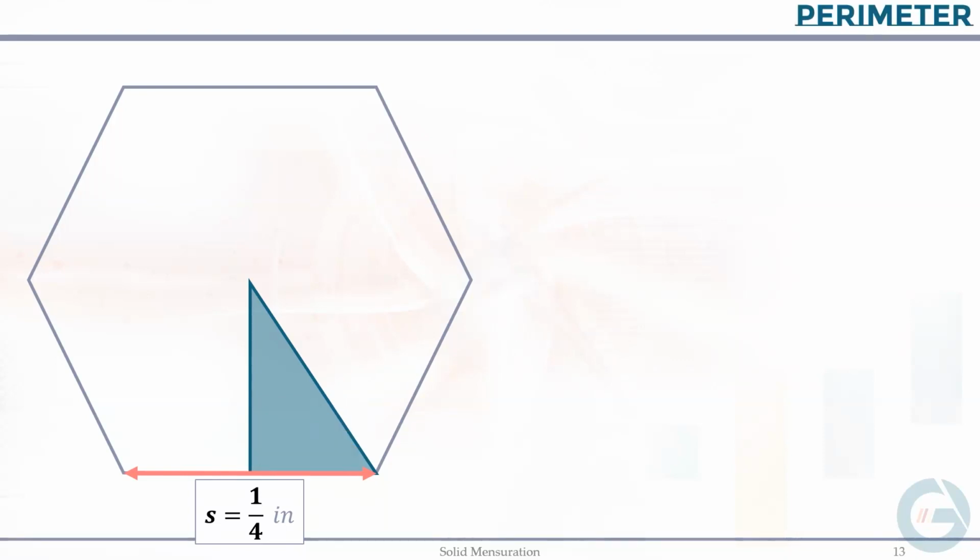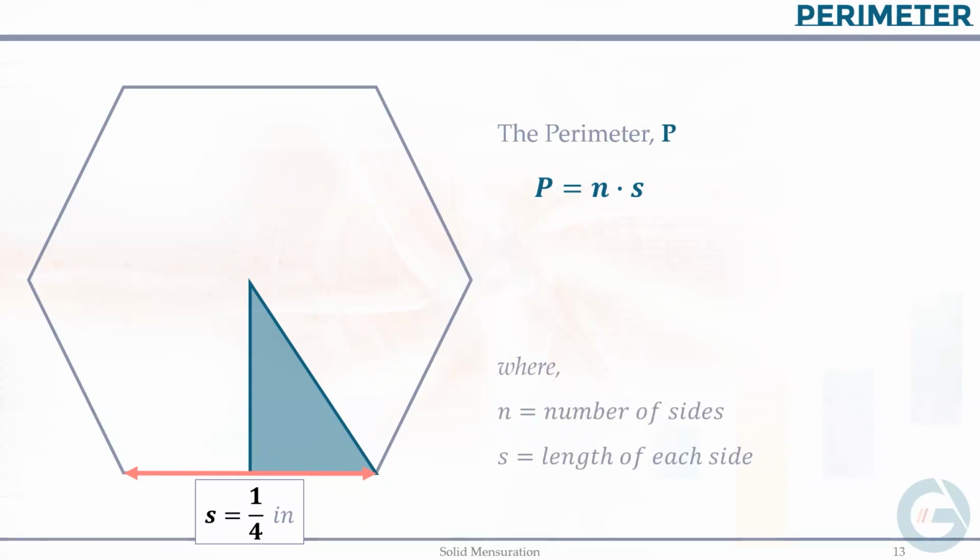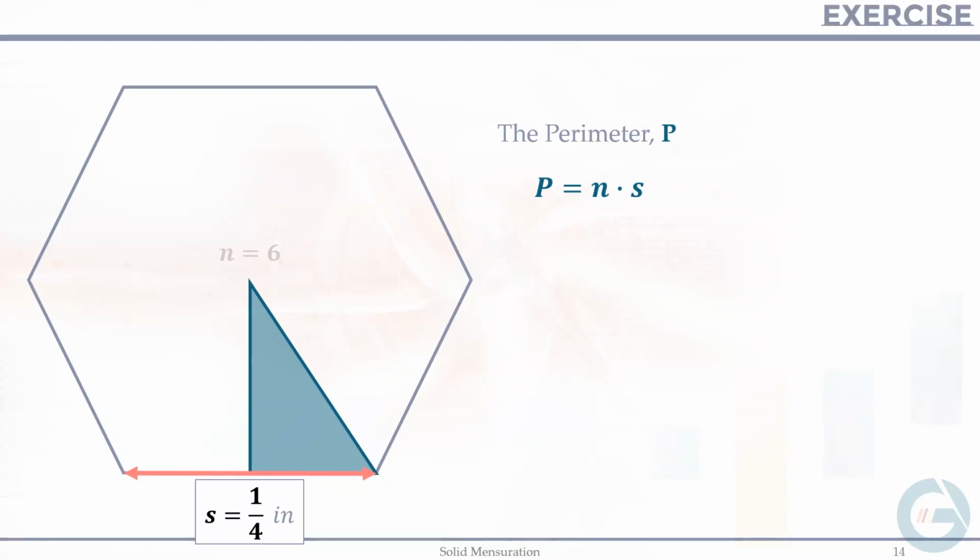Perimeter equals n times s, where n is the number of sides and s is the length of each side. Since this is a hexagon, the number of sides is 6. So P equals 6 times 1/4, and that will give us 3/2 inches.